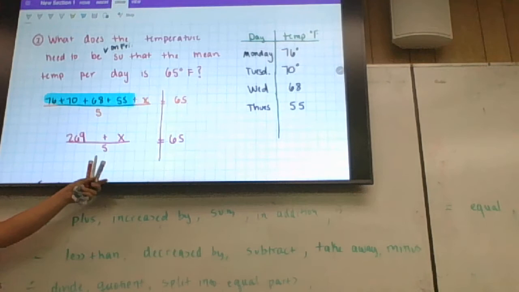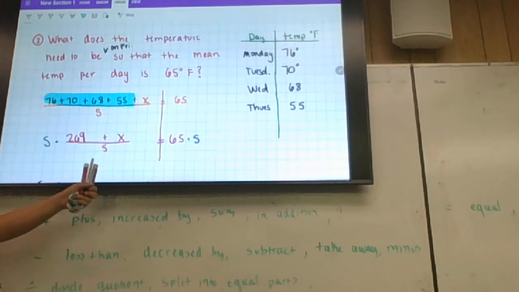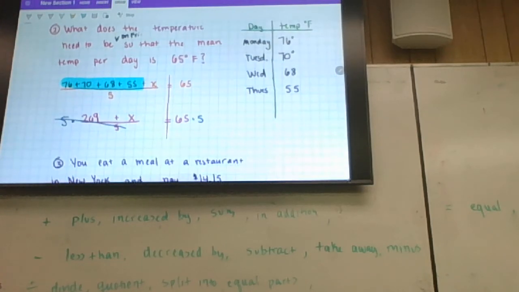Brianna, are you here with me? Okay. Any idea what our next step is? Yes, great job. That's going to cancel the fraction. 5.